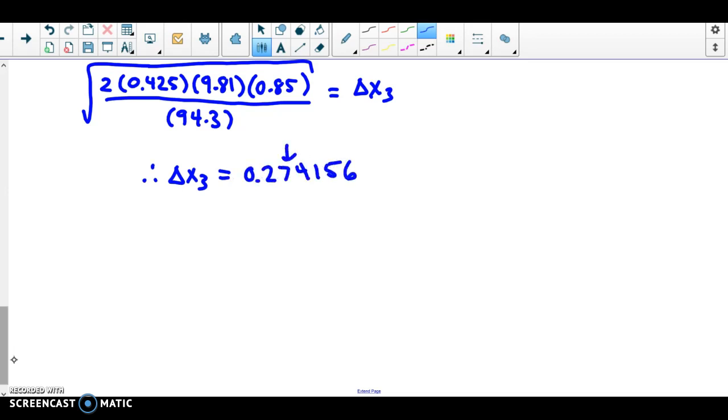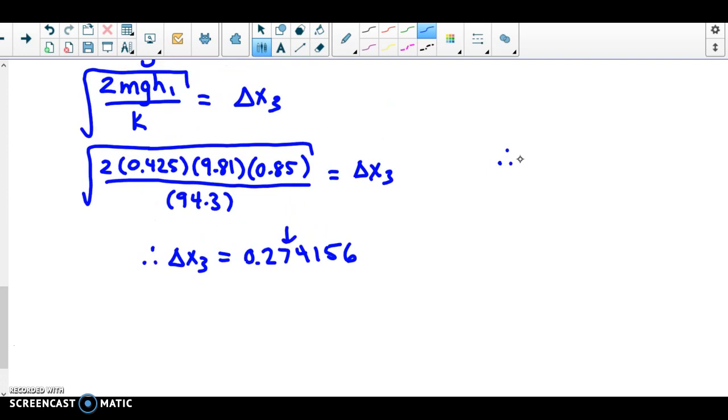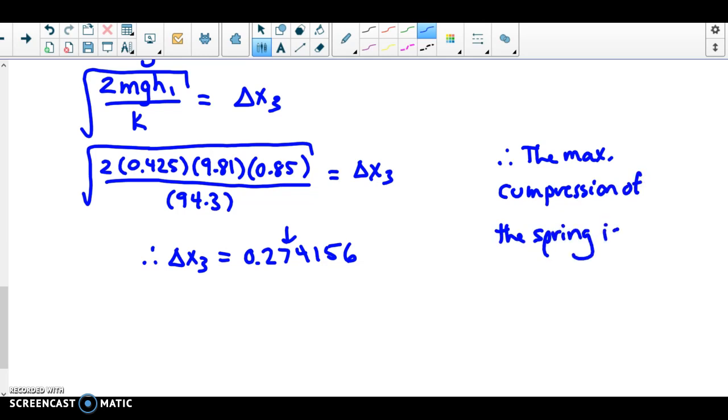I'm going to round to 2 significant figures. And I'll write, therefore, the maximum compression of the spring is 27 centimeters.